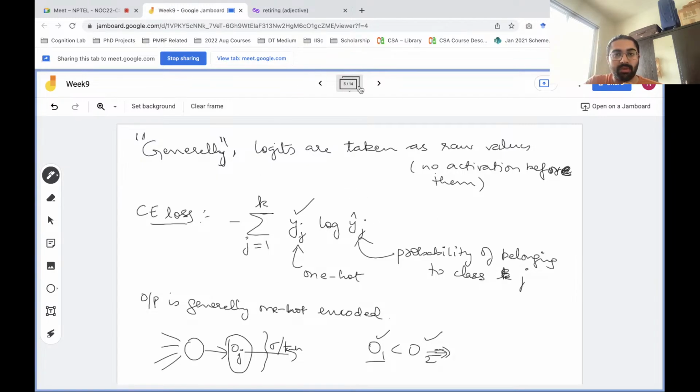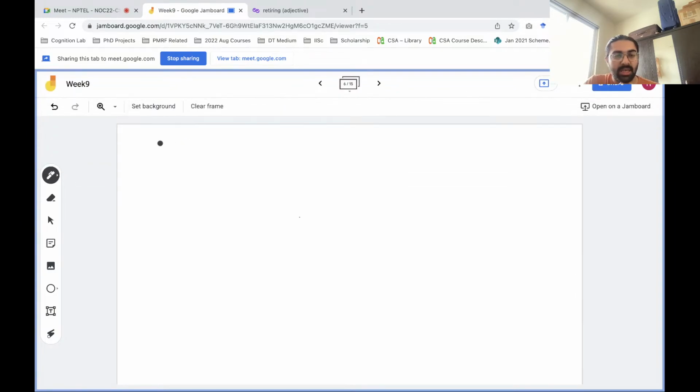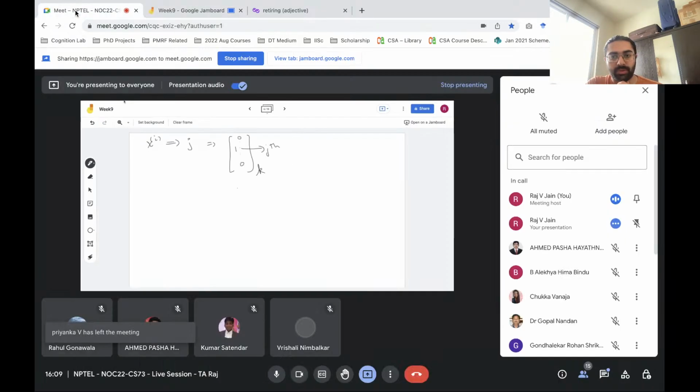One-hot representation basically means that the given sample, some x_i, belongs to class j, and let's say we have k total classes. Then you'll have a vector of k zeros, in which the jth entry will be 1, and the remaining will be zeros.